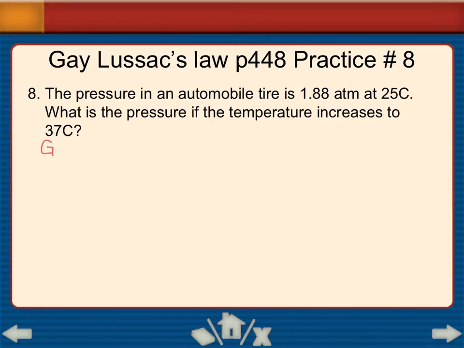This is another example of the GL law. It is on page 448 of your textbook, practice problem number 8. Let's put our data on the left-hand side. P1 equals 1.88 atmospheres.